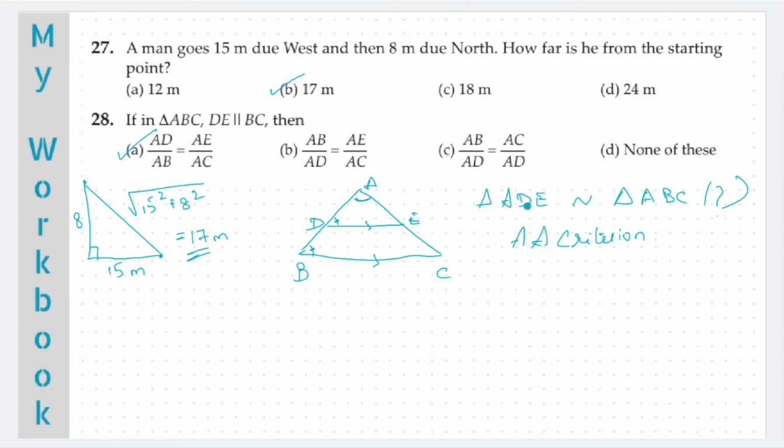So once the triangles are similar, the corresponding pairs of sides will be proportional. So from that we can say AD by AB will be equal to AE by AC. So that is option A. AD by AB is AE by AC.